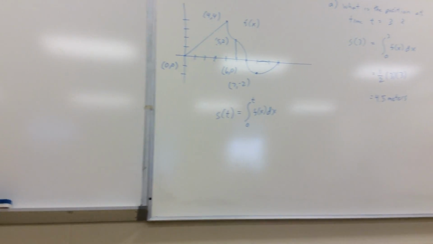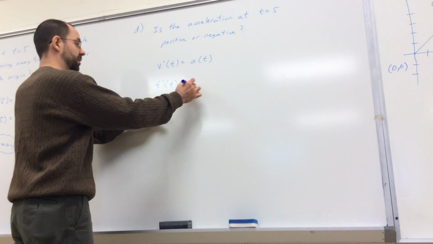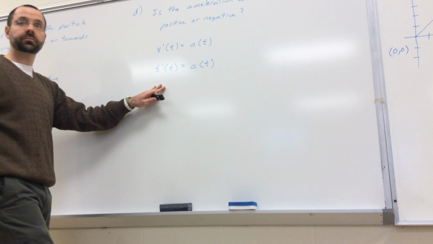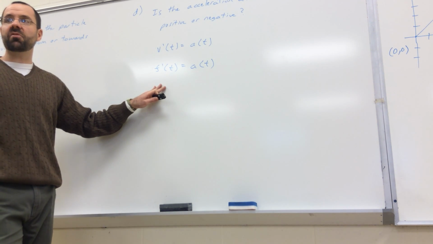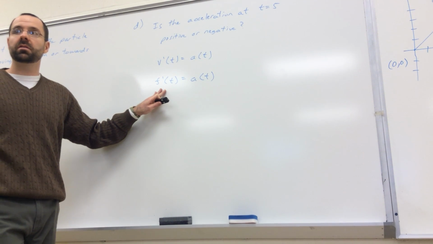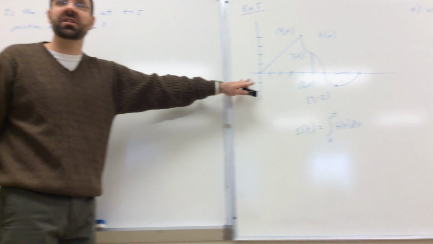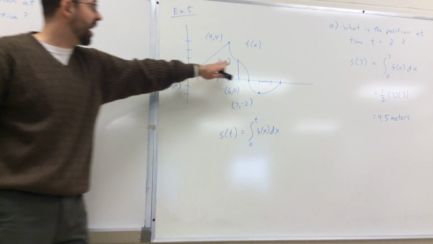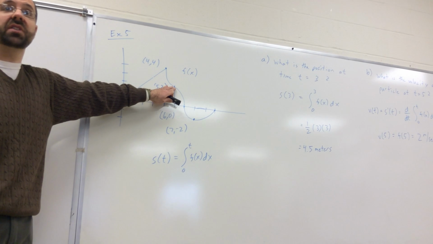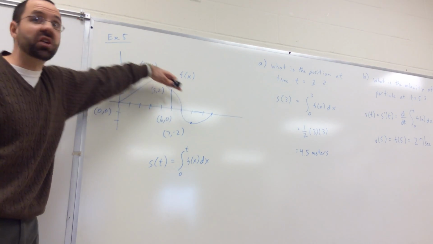So if I want to know v prime, I really want to know f prime. How can I tell what f prime is? Just look at the graph of f, right? And at 5, what is f prime? Positive or negative? Negative, because the graph is going down.